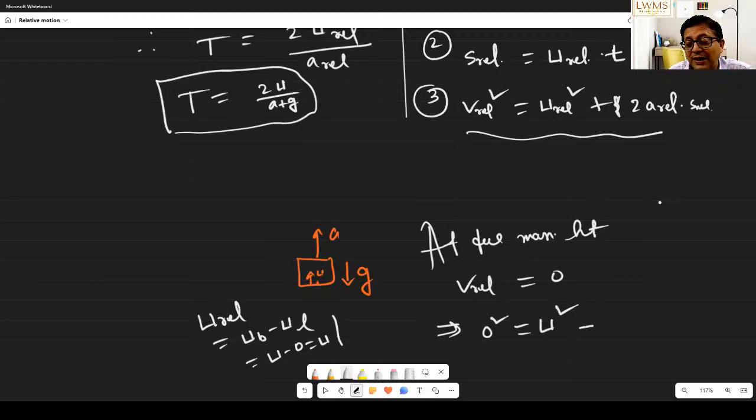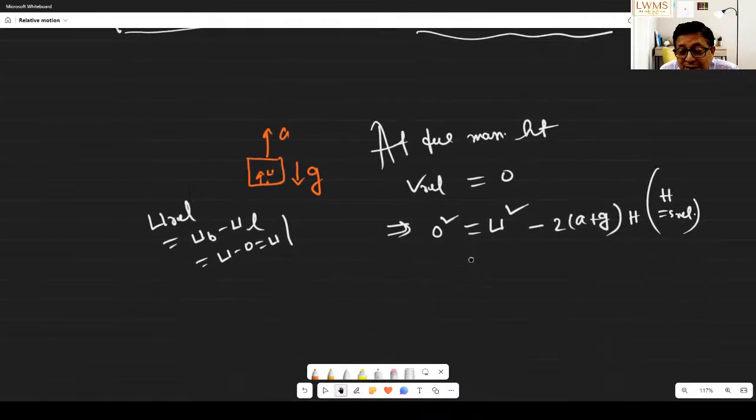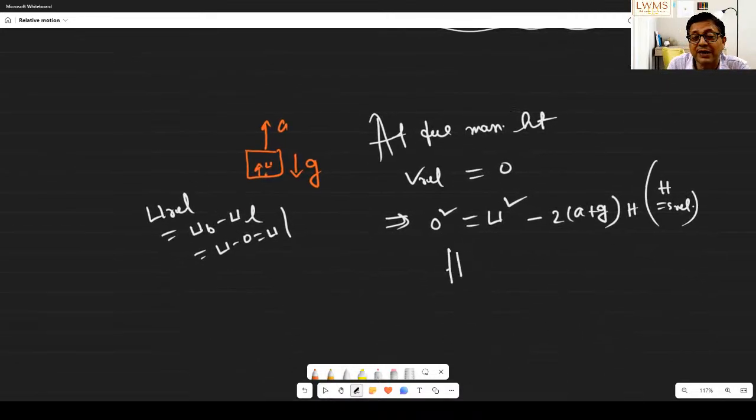So u square minus 2 a plus g into h. H stands for S relative, because both are in motion, nothing is fixed. With respect to lift or the floor, it will rise up to what distance? H will be equal to u square by twice a plus g.